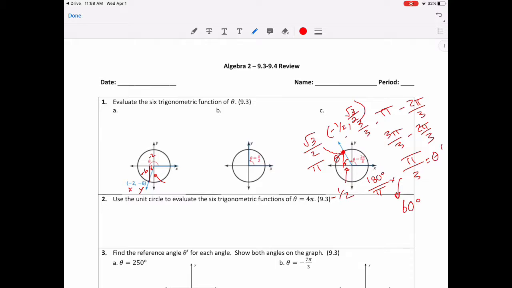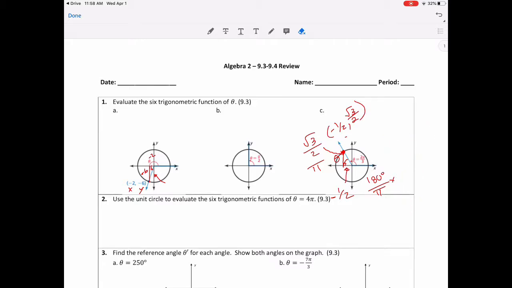Okay, so let me kind of erase some of this stuff. I'll leave my location. So for me, this is how I like to do it. And again, let me just draw that in there.